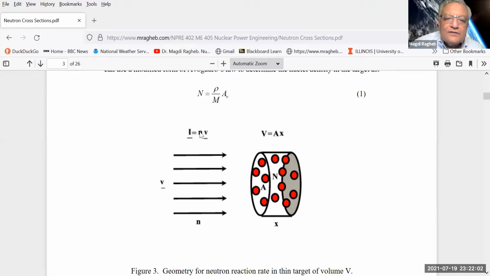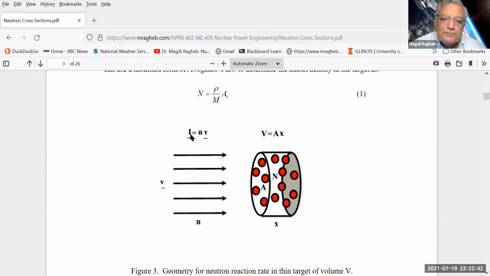If we take that number of neutrons per centimeter cubed and multiply it by the speed or the velocity of the neutrons, we get a number per centimeter cubed multiplied by centimeter per second. We get units of number crossing a unit area per unit time. And this is what we are going to call the beam intensity or the current in the beam. Neutrons per centimeter cubed multiplied by centimeter per second gives me units of neutrons per centimeter squared per second. It is descriptive of the number of neutrons crossing a unit area per unit time.